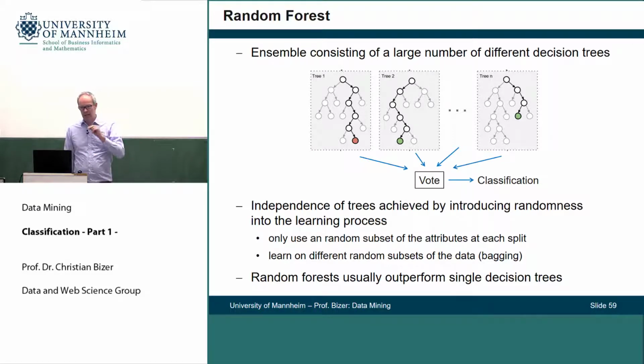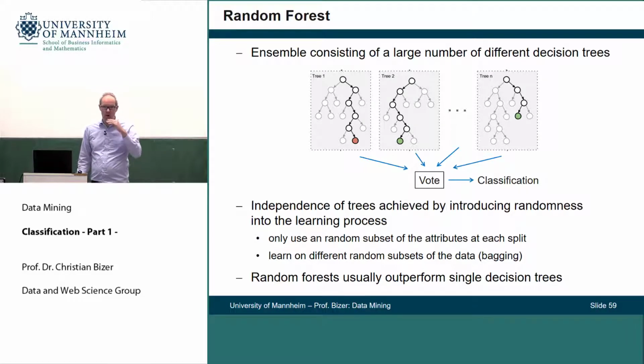So for the second split, we only look at marital status and income. We don't look at refund. Randomly, we remove some attributes. As these attributes don't exist when we learn the specific split, the learner will focus on a different aspect, because it can only choose between these 2 attributes, not the third one, so we get different trees.